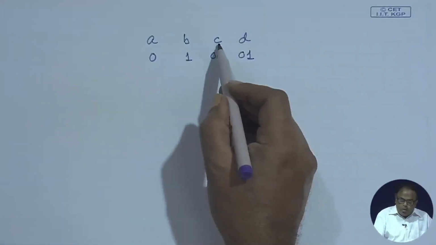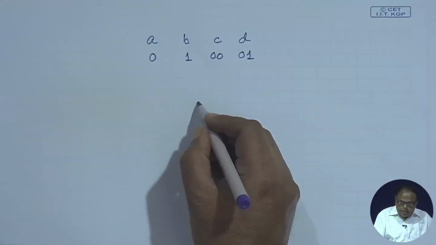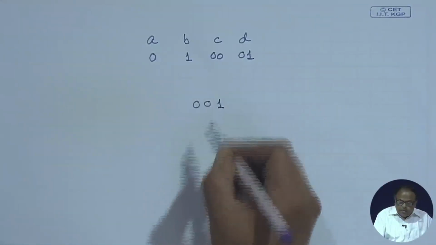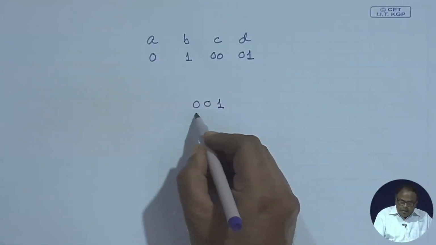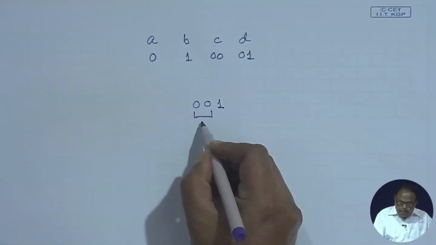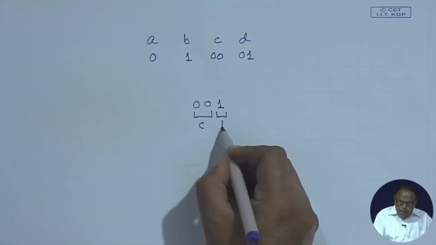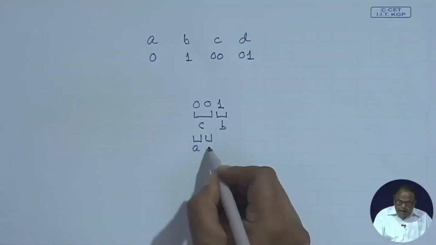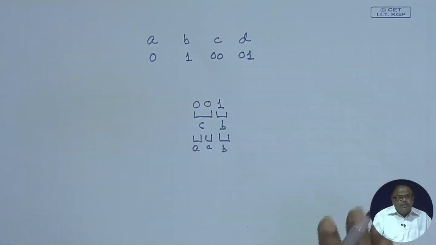Now, you see the code for C has got the code for A as the prefix. So, if I get some 0 0 1, I have got an ambiguity problem here. It can be C, B, it could be A, B, and so on and so forth, A, D, many things would have come.